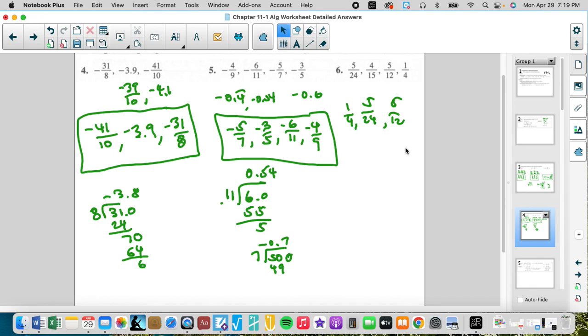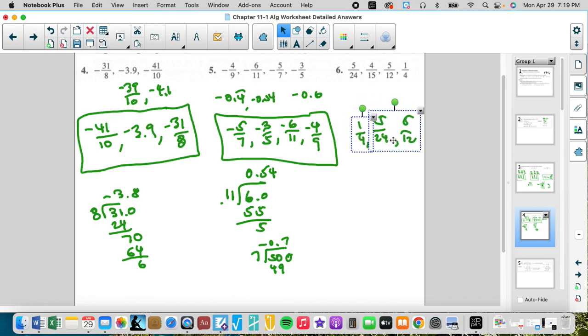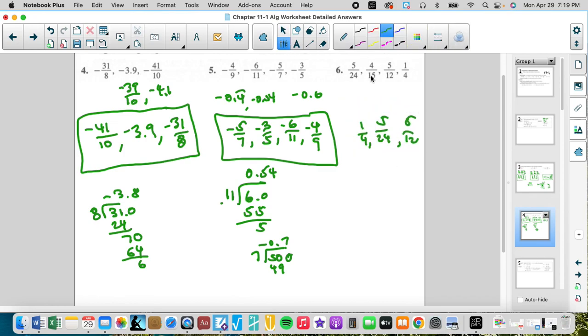And let's move you guys around a little bit. Now we have to figure out where 4/15ths is. So we can look at the extremes, and we can do 4/15ths compared to 1/4, and that's going to be 16, that's going to be 15, so 4/15ths is bigger than that.